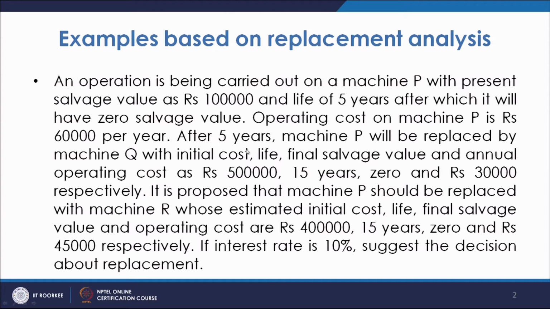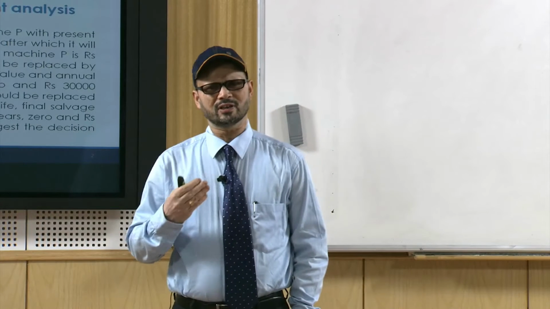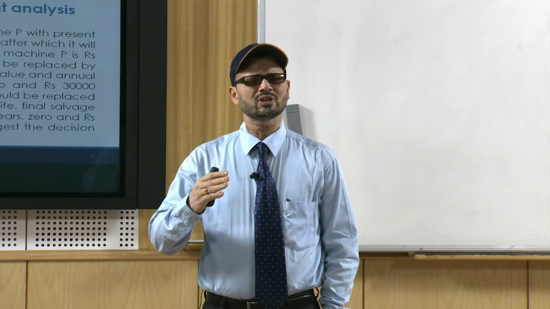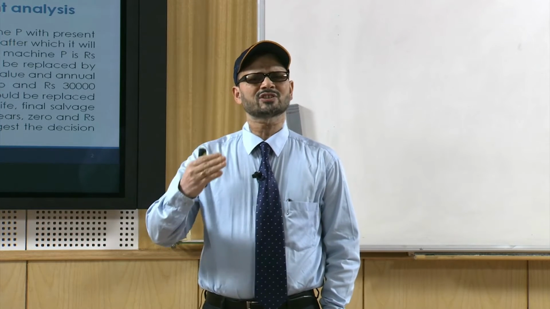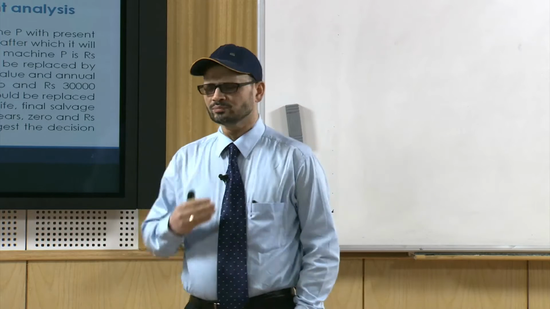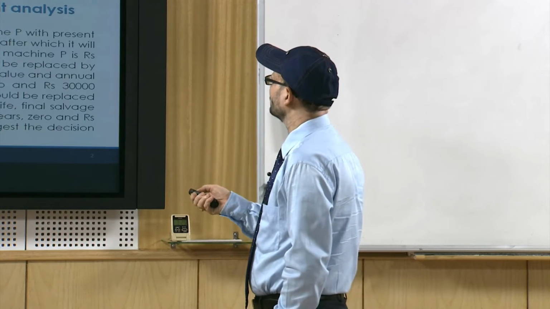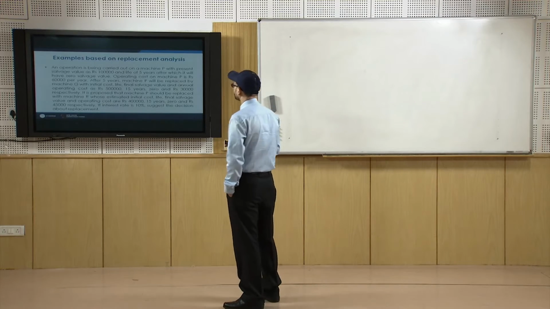Now, after 5 years, machine P will be replaced by machine Q with initial cost, life, final salvage value and annual operating cost as rupees 5 lakh, 15 years, 0 and rupees 30,000. So, basically for the initial 5 years machine P will be used and then it will be succeeded by machine Q, which has all these details.